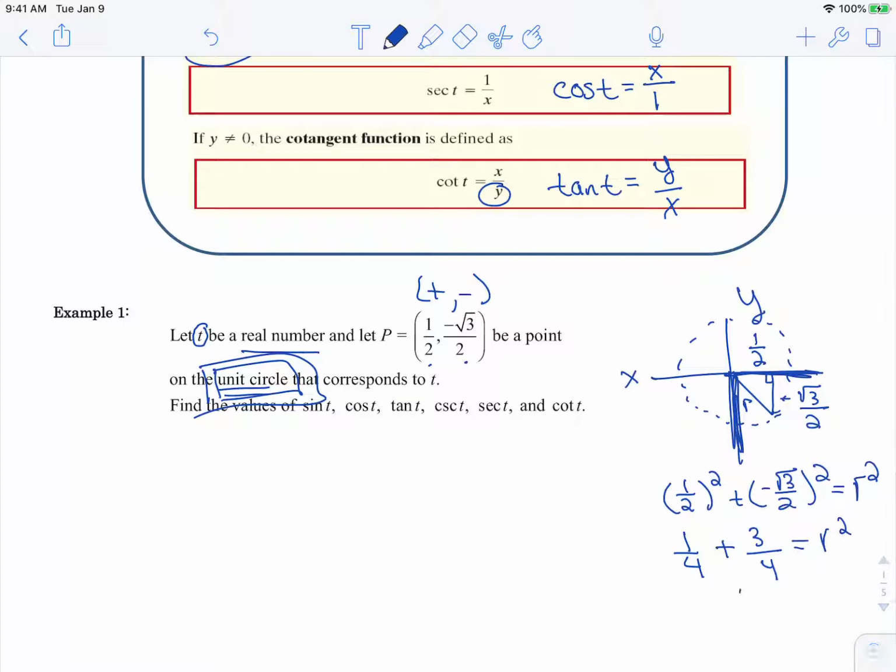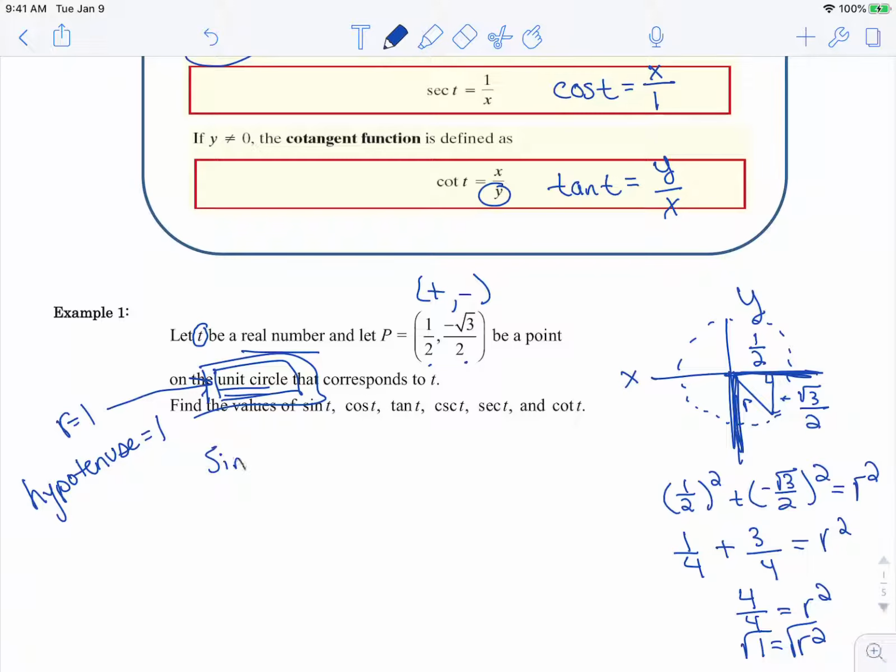When I add these fractions together, I get 4 over 4, which is 1, and the square root of 1 is 1. I did not have to do that work. I'm just proving to you that these two things line up. I did not have to do it because this tells me right here r is 1. In other words, your hypotenuse is 1.